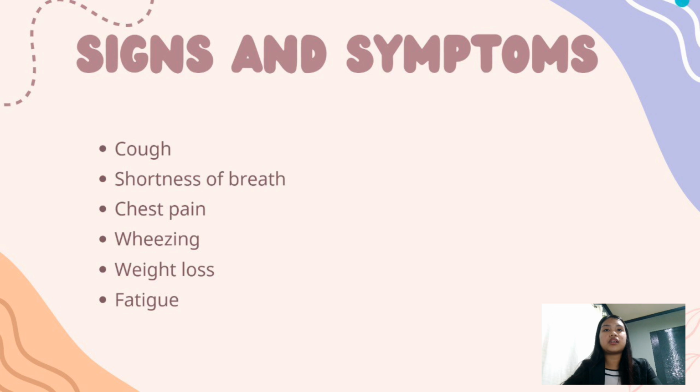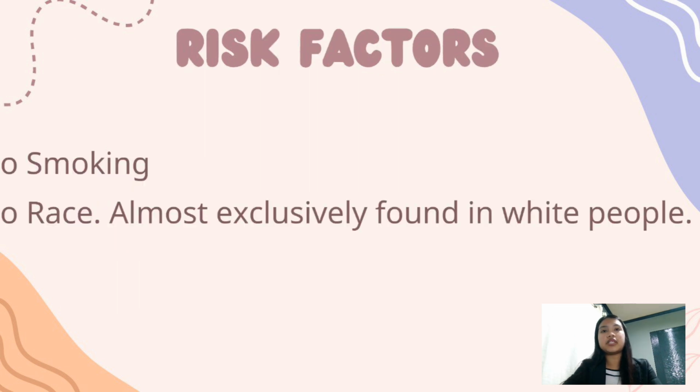After that, let's have the risk factors. First, we have smoking, and second is race, because it is almost exclusively found in white people. PLCH is more commonly seen in white people primarily because of the strong association with cigarette smoking, and historically, white populations have had higher smoking rates compared to other ethnicities, making them more susceptible to developing the disease.